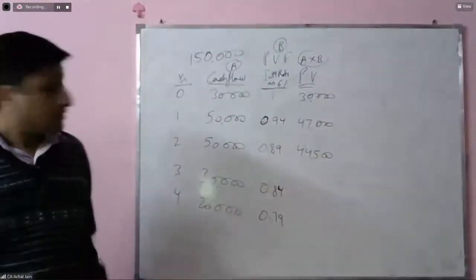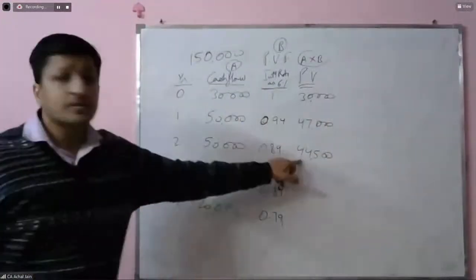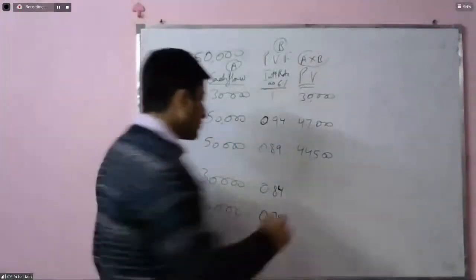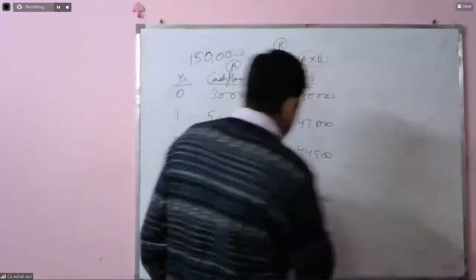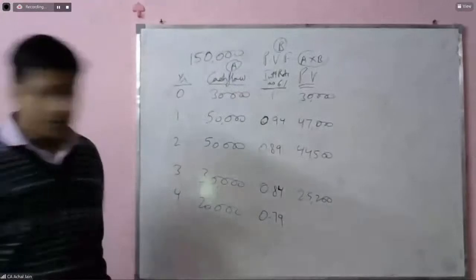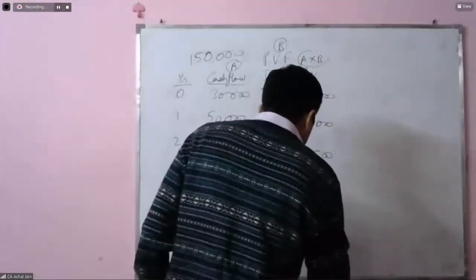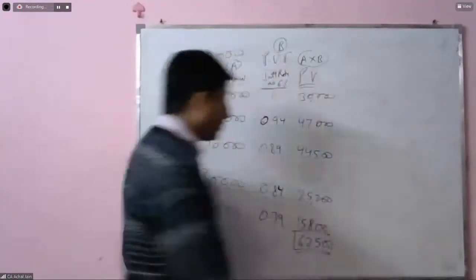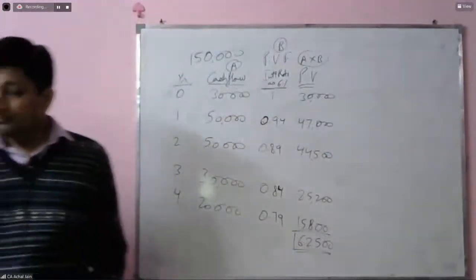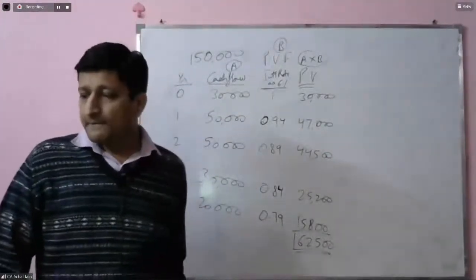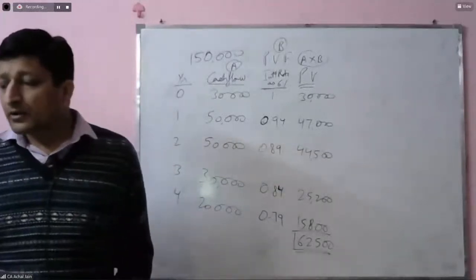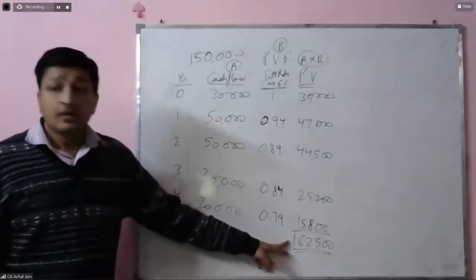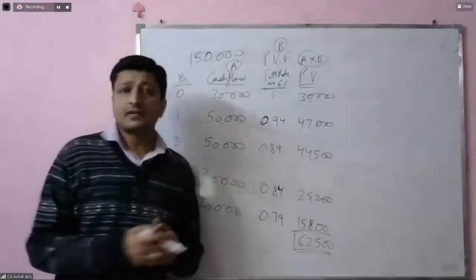I'm just not using the same decimal places for this computation; this is only for your reference. Then I'm getting 25,200. Then I'm getting 15,800. So all in all, I got 1,62,500. Oh, my objective is not achieved, because I had to get onto an interest rate which will give me 1,50,000, but I didn't get it.